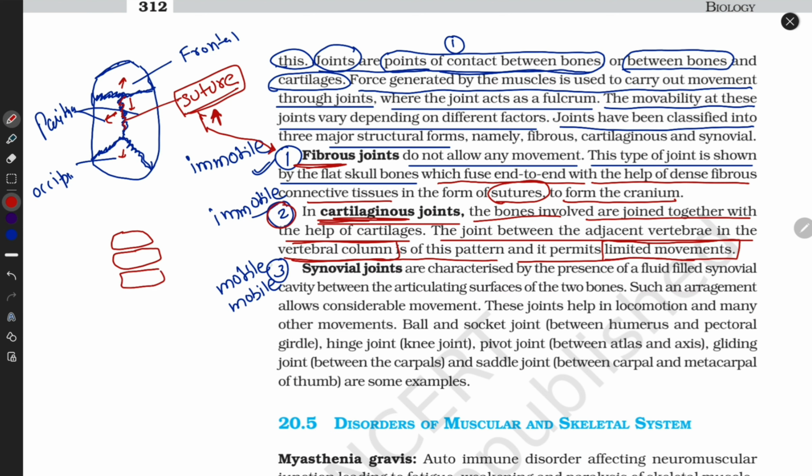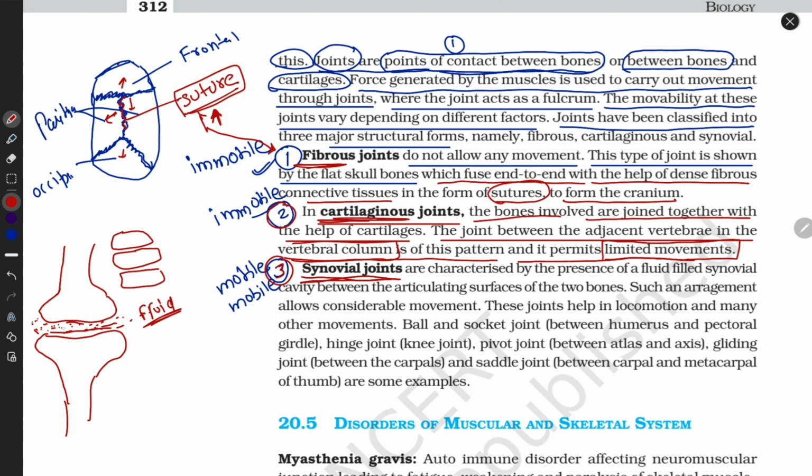That's it. And then the last and final joint is synovial joints. They are highly mobile in nature, because between the two bones there is some fluid filled.